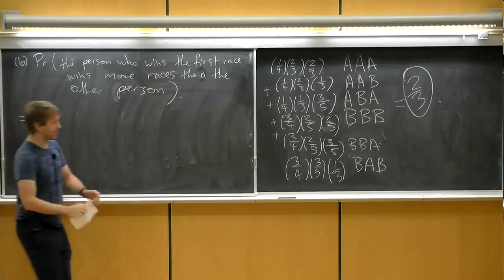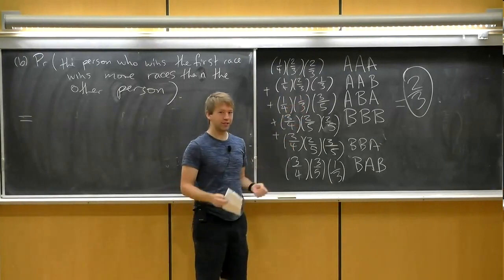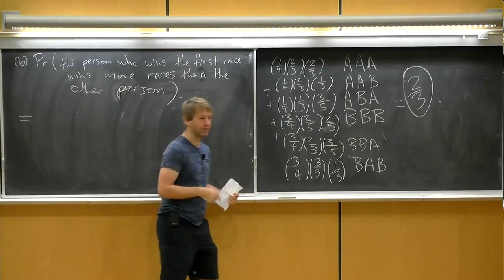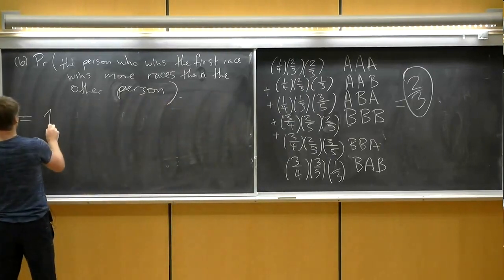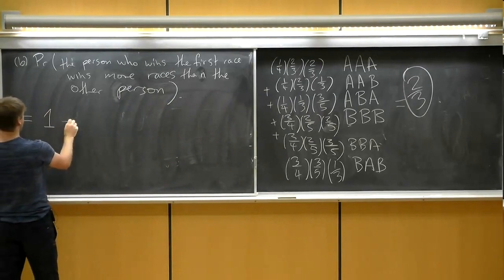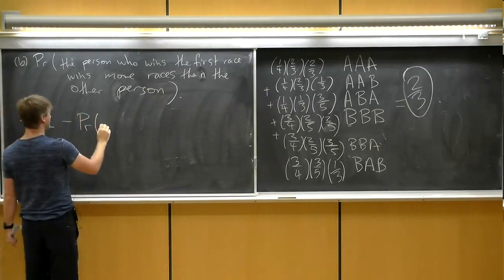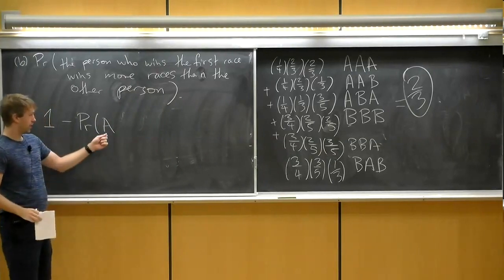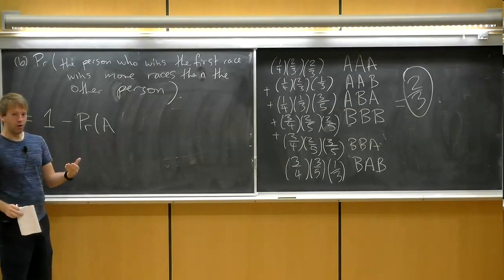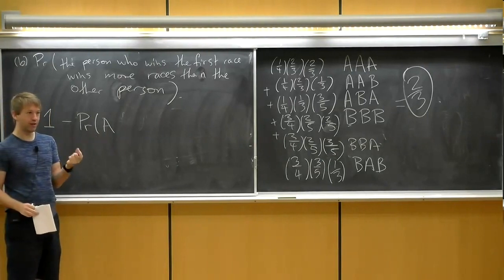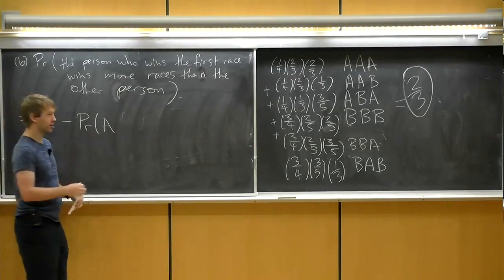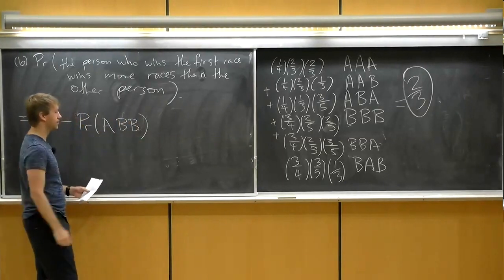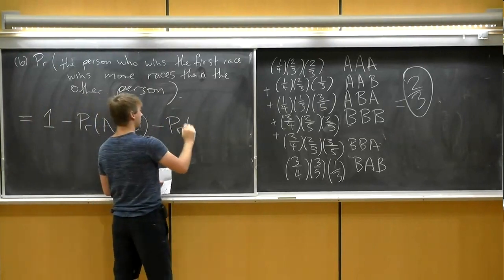And here I added up 6 of them, which seems a bit silly, because I could just take the ones that I shouldn't count and subtract them, and that would be faster. So let me say this is 1 minus the probability of the ones we don't want to count, where the first person who wins doesn't win the most. So that could be A and then BB, or it could be BAA.